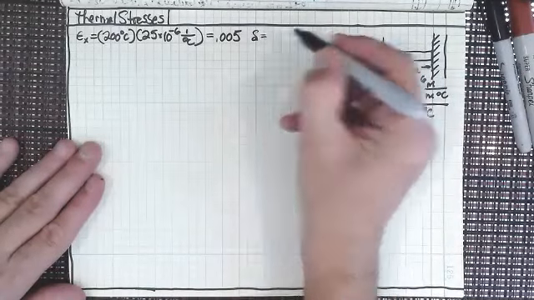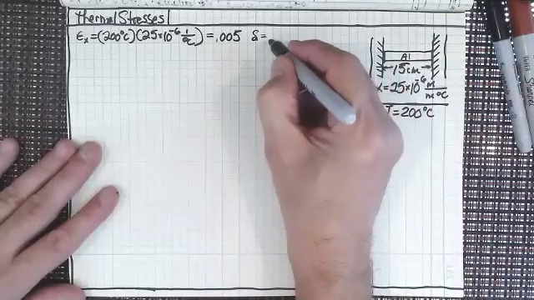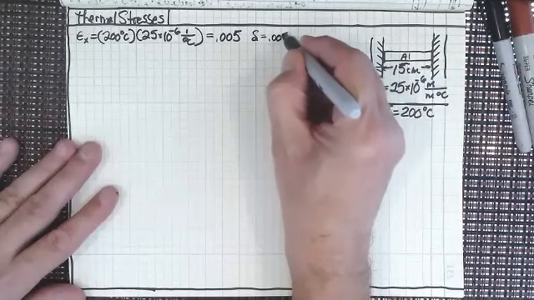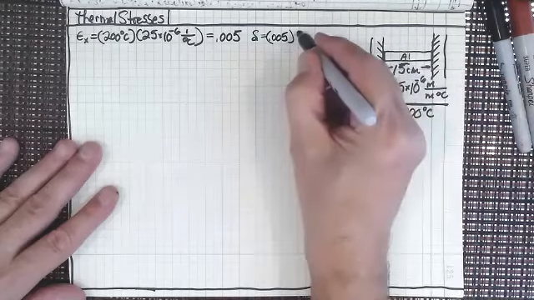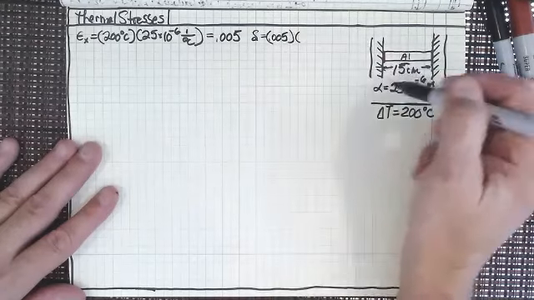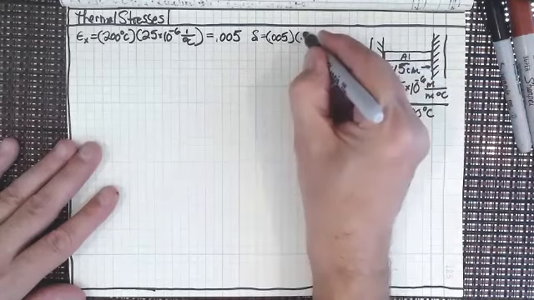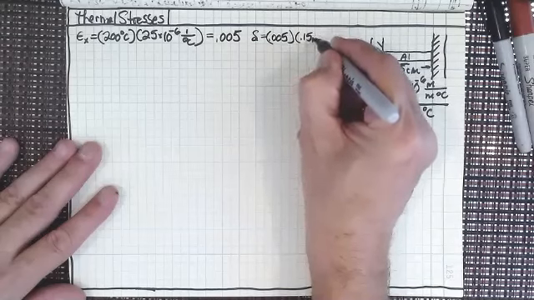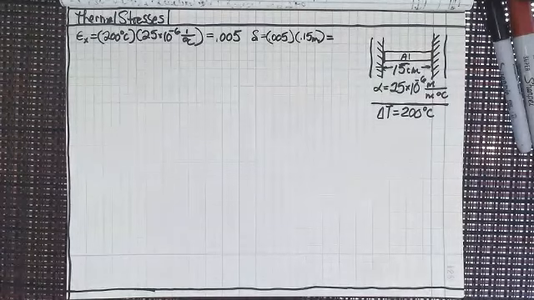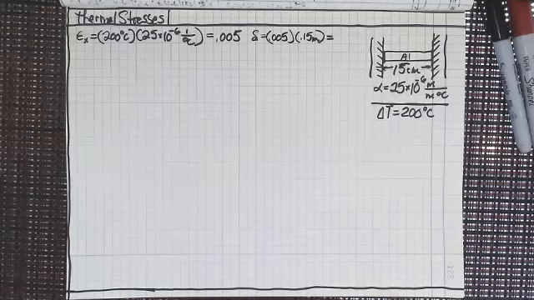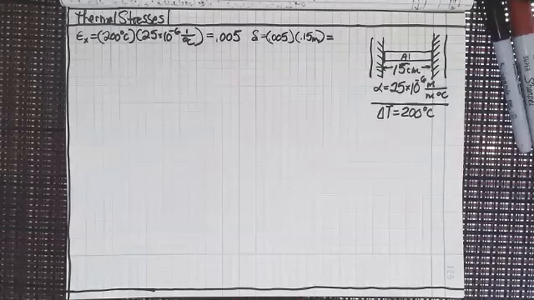So right now we know that those are 15 centimeters apart, so 0.005 strain times the distance that we have, 0.15 meters. And I can't stress enough that when you go back to multiplying things, you should always refer to the primary units. Don't put centimeters in there. Put meters in there. Make sure all of your dimensions are correct.